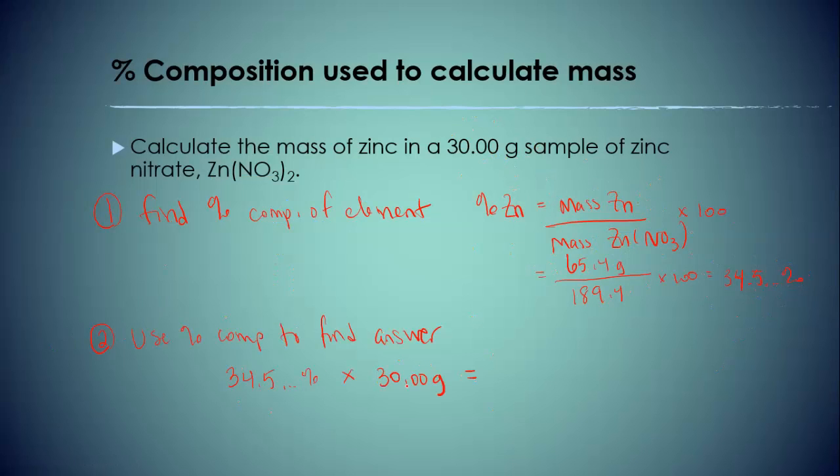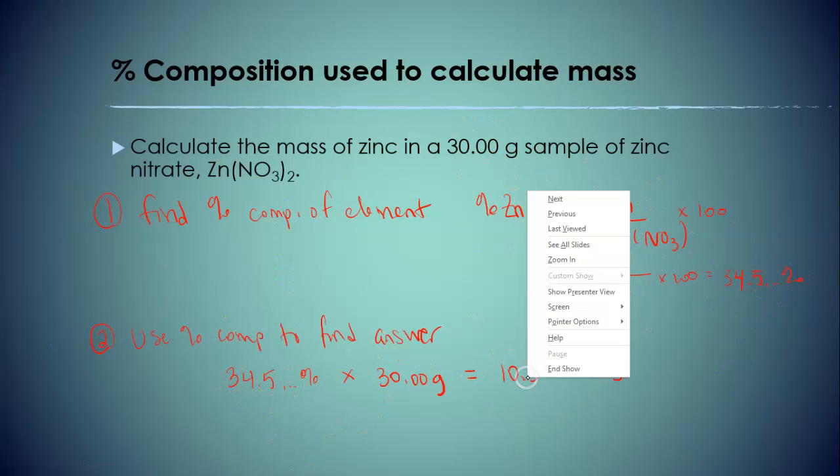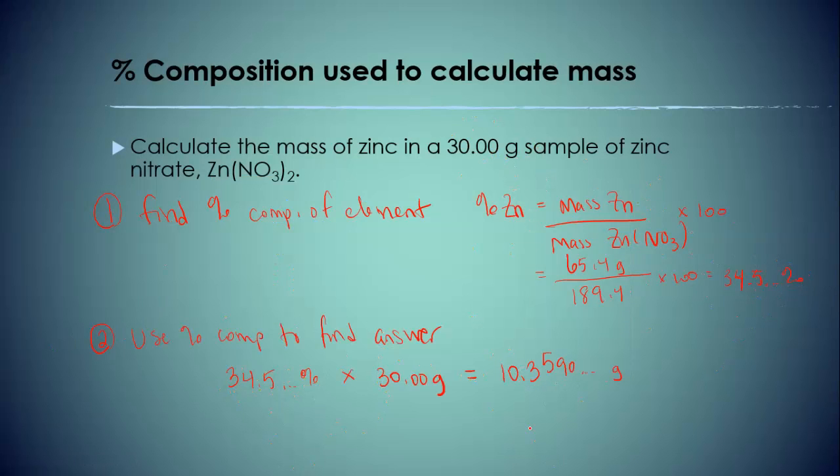When we do that, we're going to get 10.359 and more digits in the calculator, grams. Now, don't forget that when you multiply by a percentage, you either need to divide by 100 and multiply by 0.345 and all the other numbers, or you have a percent button on your calculator that you need to use to multiply by. If you're not getting the 10.3, see me so that I can help you with that.